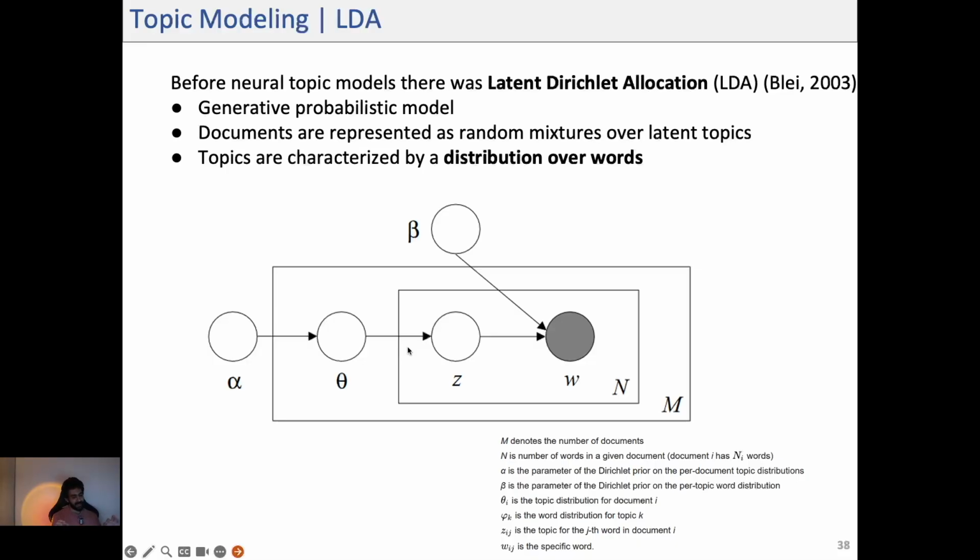For each ingredient, like a word in the dish, you roll a die to decide which recipe it should come from. Then, from that recipe's ingredient list, which is your topic's word distribution, you randomly pick an ingredient.